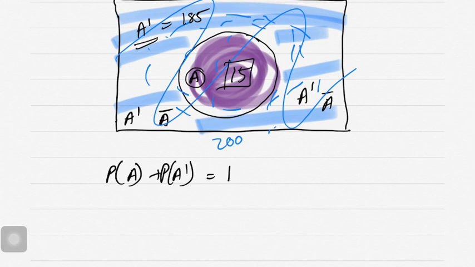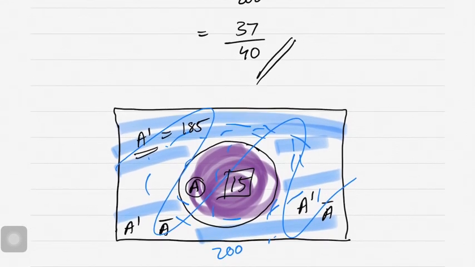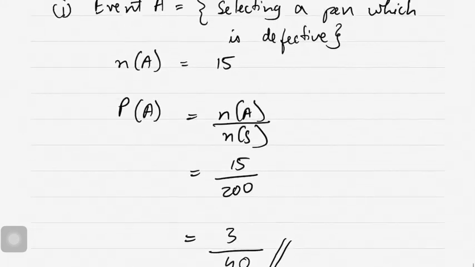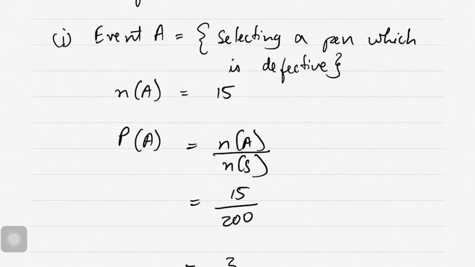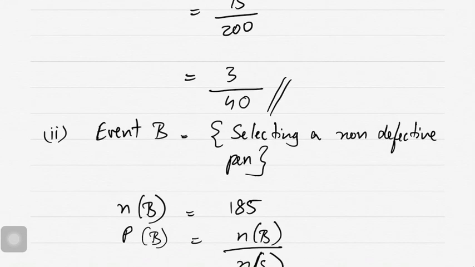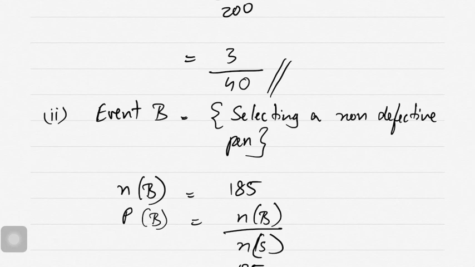Or I can say probability of A plus probability of A dash will always be equal to 1. Even in this question, selecting a pen which is defective is event A, and selecting a pen which is non-defective is event A dash. It is complement to A. So for an A, its complement would be A dash.